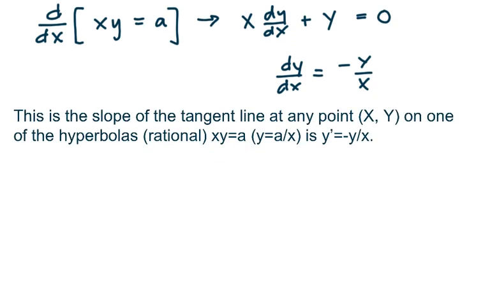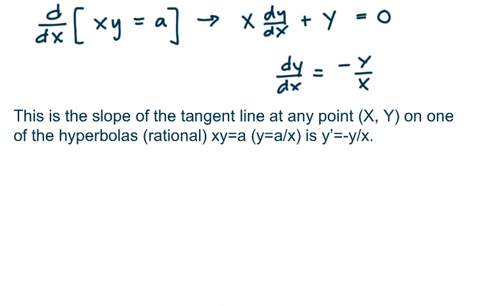So I've typed what I just said and rewritten it here. The slope of the tangent line, that's what the derivative represents, at any (x, y) point on one of those original hyperbolas we started with, xy equals a, or rather y equals a over x, is going to be given by this derivative, y prime equals negative y divided by x.